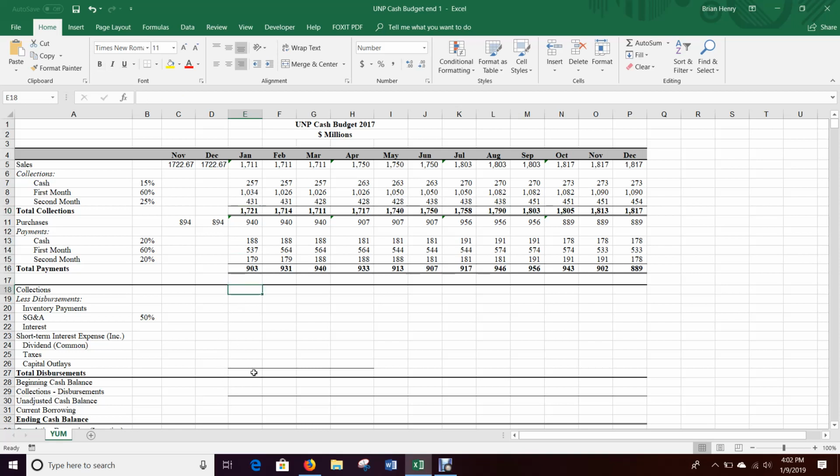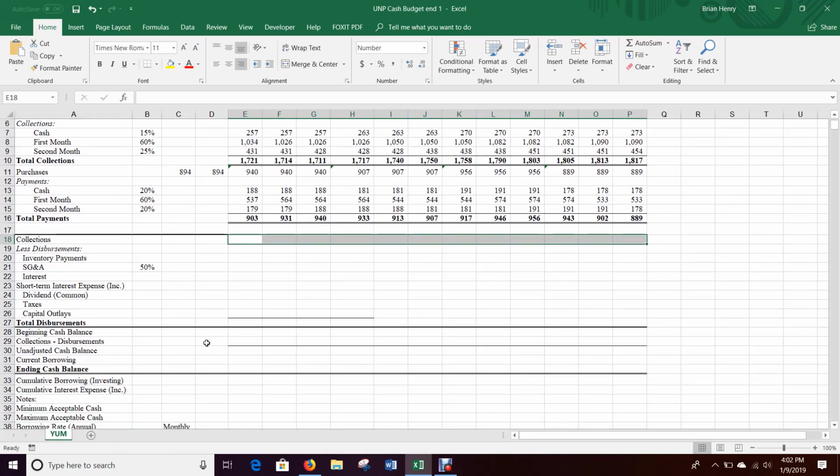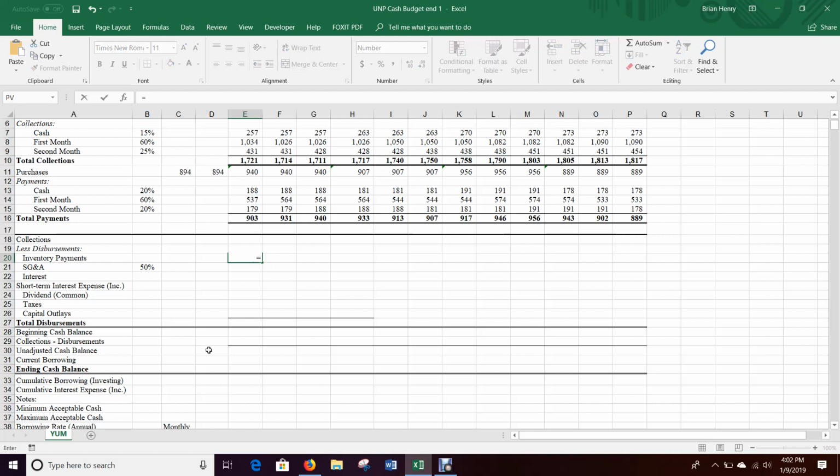But if you want it in this line, you can put it here just by hitting equals and grabbing the collections here and then filling that over. So if you want to have another collections line, you can. That's completely unnecessary. And then the same thing here, this inventory payments piece is just this stuff. Our total payments here is the way it has it structured. I am going to bring that down just because we're going to sum stuff up. But again, it's not actually necessary.